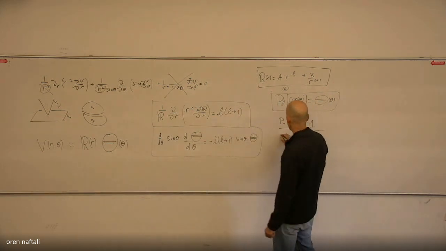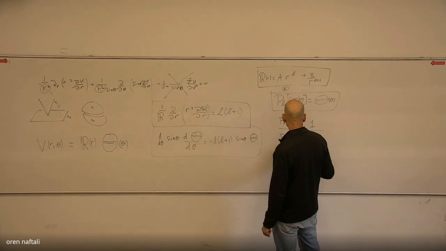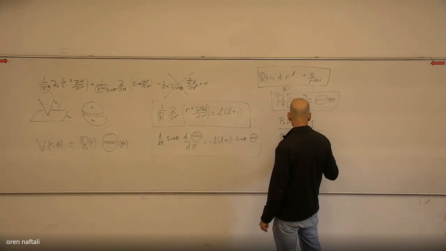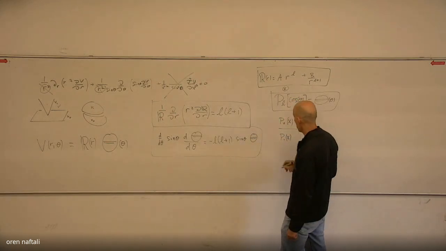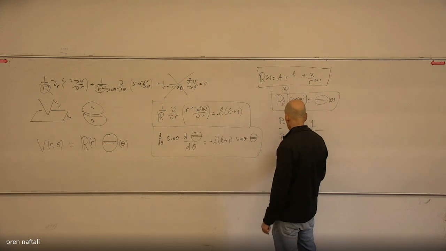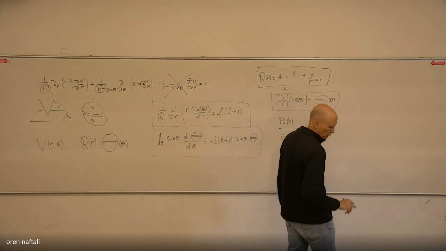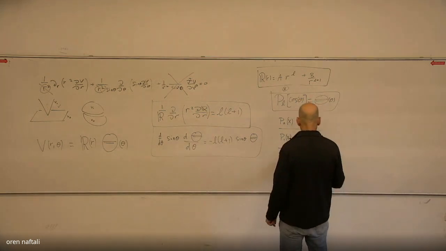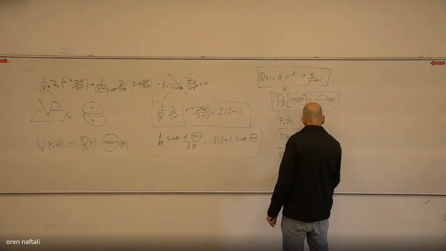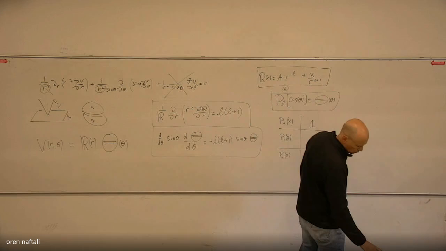P1 of x, you remember what it is? It's x, and this means it's cosine. And P2 of x is, if I remember correctly, 3x squared minus 1, over 2.